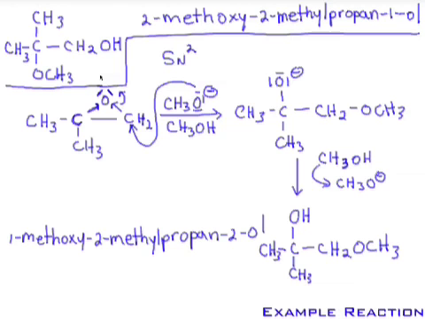All right, let's take an example of a fairly complicated molecule and see how this comes out, and see how we can actually tell that it's SN2. Suppose I had this molecule.